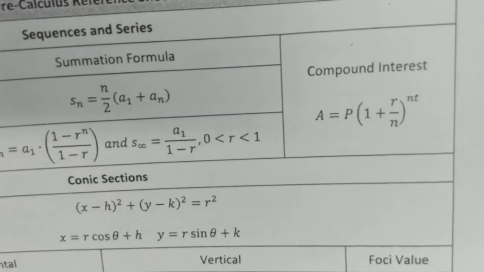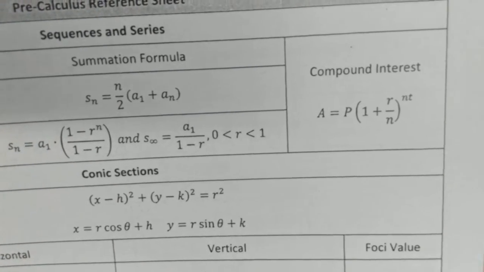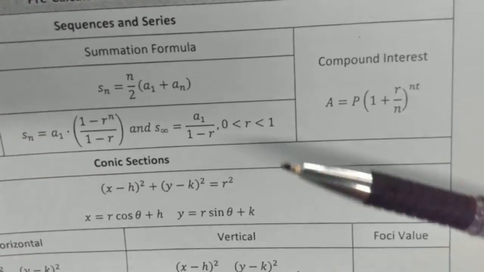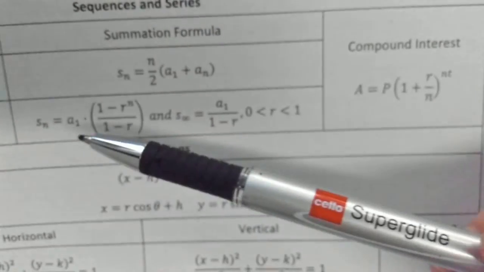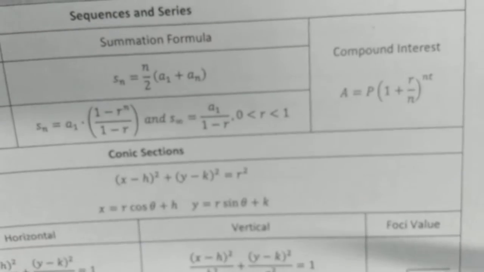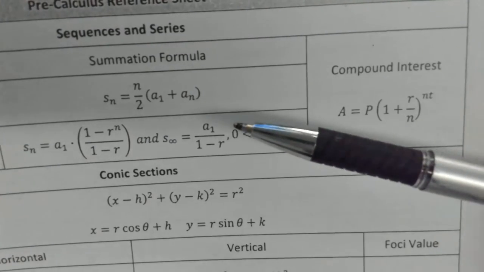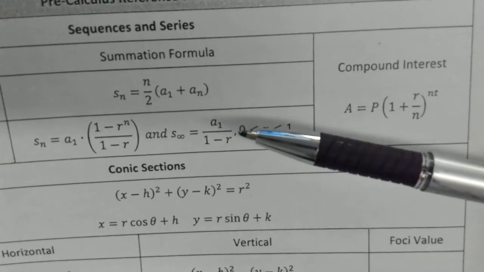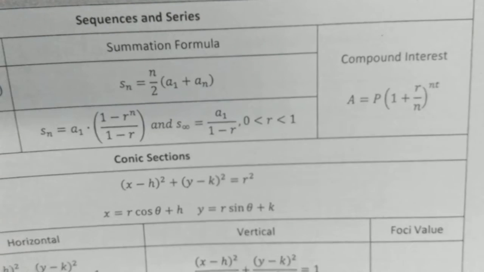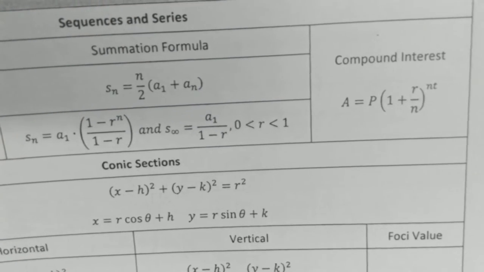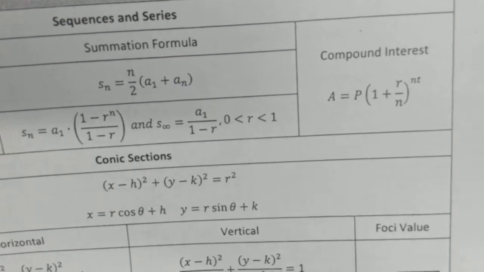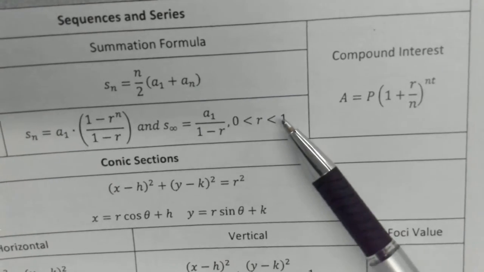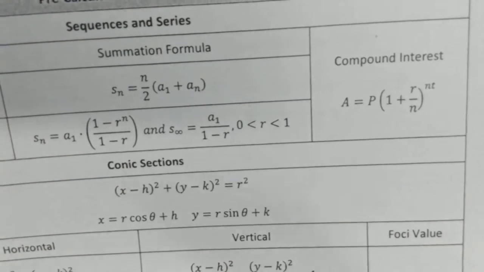This equation is actually simpler than the first equation, and we only need two things: the first term and the common ratio. I'll talk about this second part a little later.